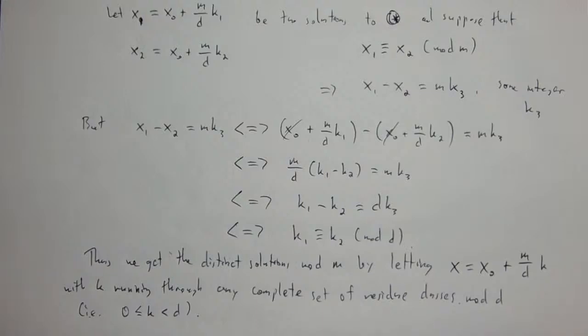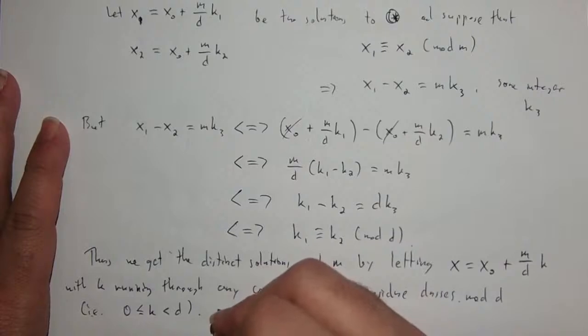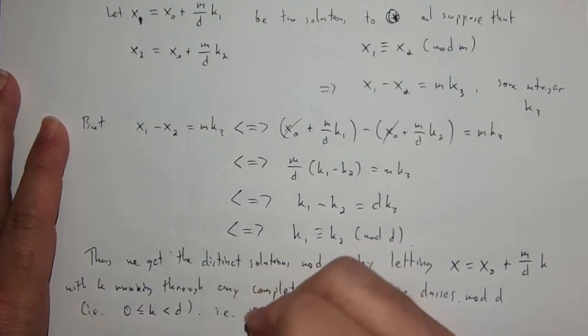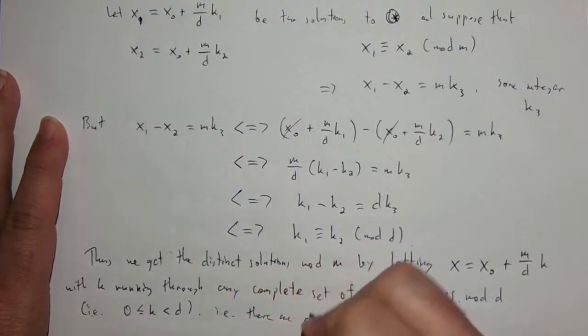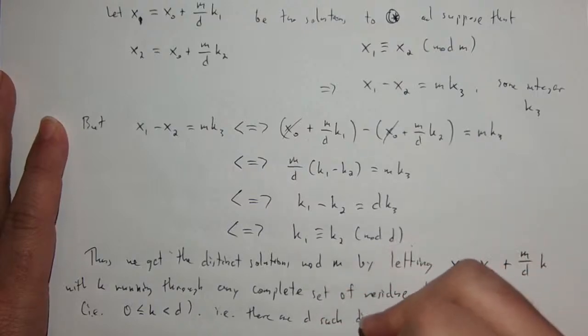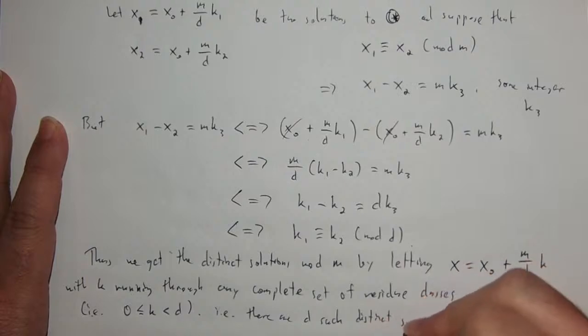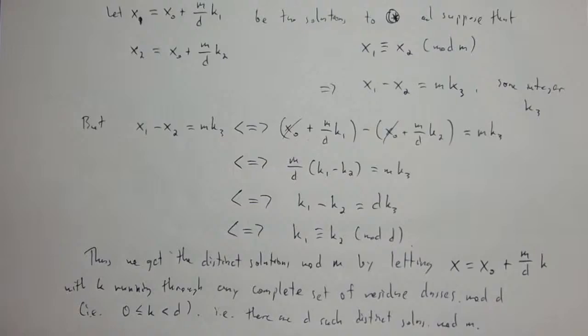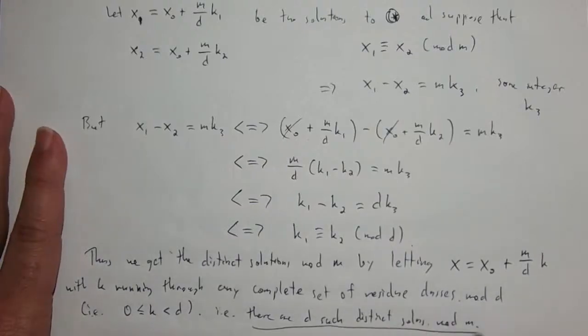All right. So, i.e., there are d such distinct solutions mod m. Okay. So there's d of them.